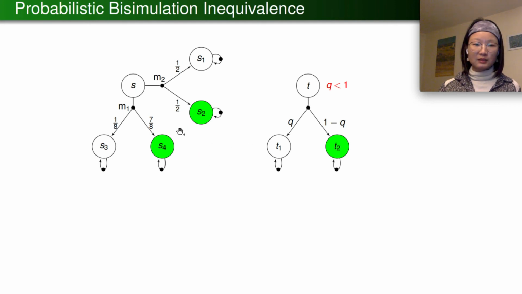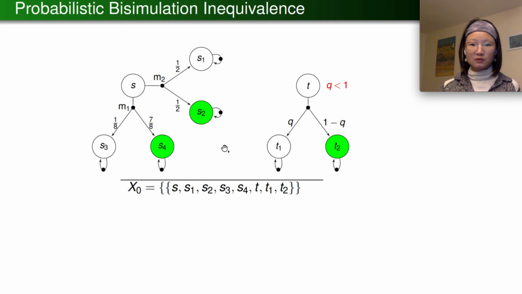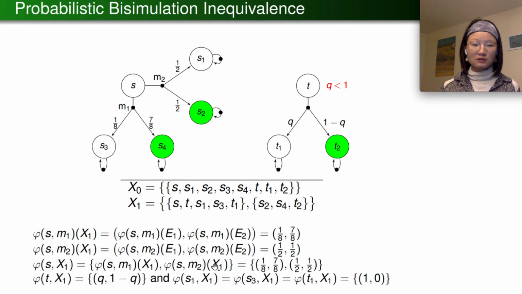Here's an MDP where S has two actions, M1 and M2. We first run the partition refinement algorithm, which begins with all states in the same partition. Then this partition is split into two by the labels. Then we need to do some computations to see if this set can be further split.